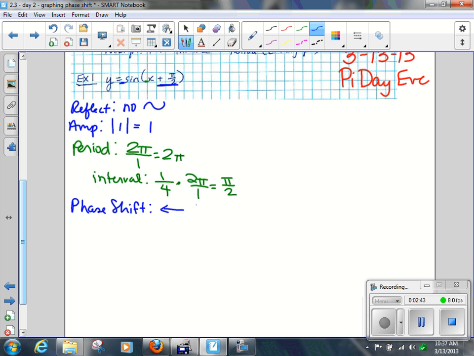It goes the opposite way from what we think. And then last, but it's not there, is your vertical shift. Is there a vertical shift? No, which means our oscillation line is at the x-axis.